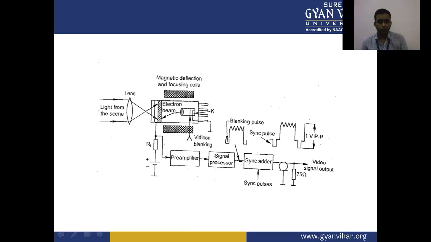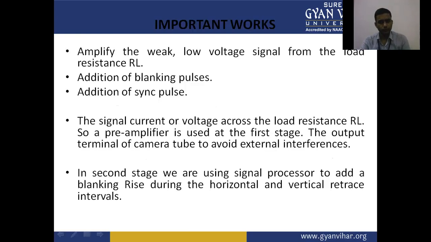In the Vidicon camera tube, we have magnetic deflection and a focusing coil. The arrangement of the deflection and focusing coil is used to deflect the electron beam and maintain it at the center. Correspondingly, we will get the video signal output.